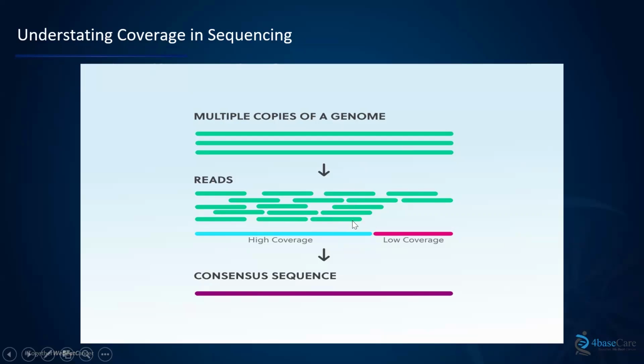So that is the depth of coverage. So this region is essentially, although it is not covered by the same segment of DNA, it is covered by different stacked segments, still the purpose is solved. And that is why it is called high coverage, whereas this region is a low covered region.